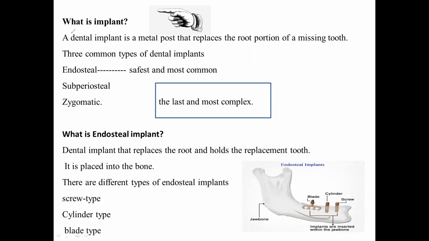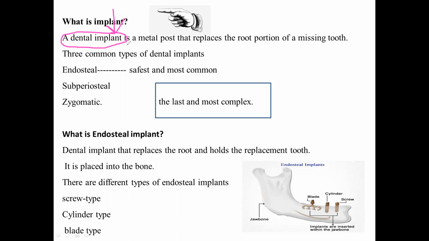Why are we giving a dental implant? It is actually a biocompatible material which is inserted into our body just to give support to the prosthesis. So in dentistry, we are using it mostly to support the prosthesis.